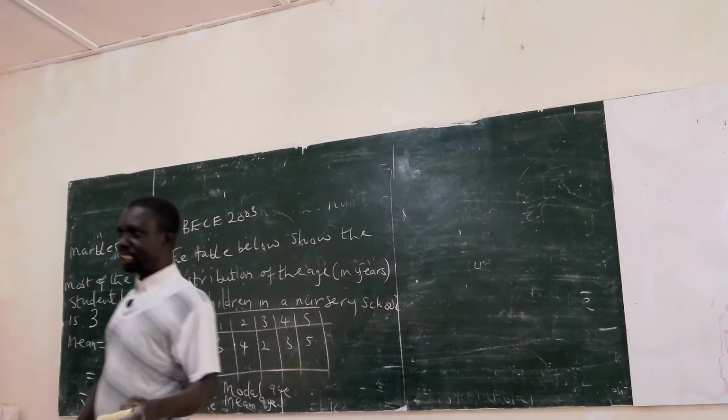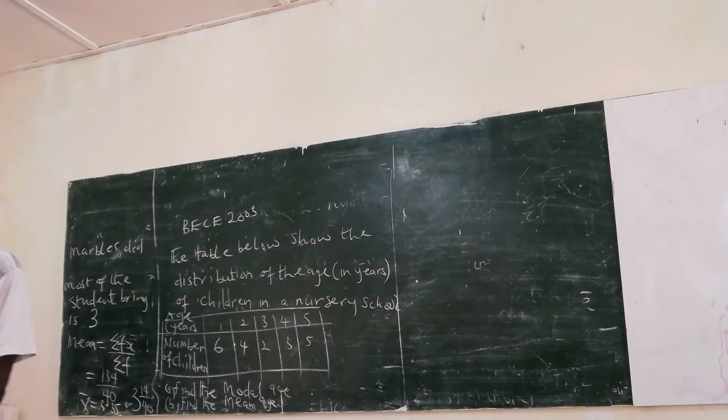I told you that in this nature of question, you don't add 30 to it. You are not going to add 30 to it. It's about age, number of children, followed by fs. That's the frequency multiplied by the age.